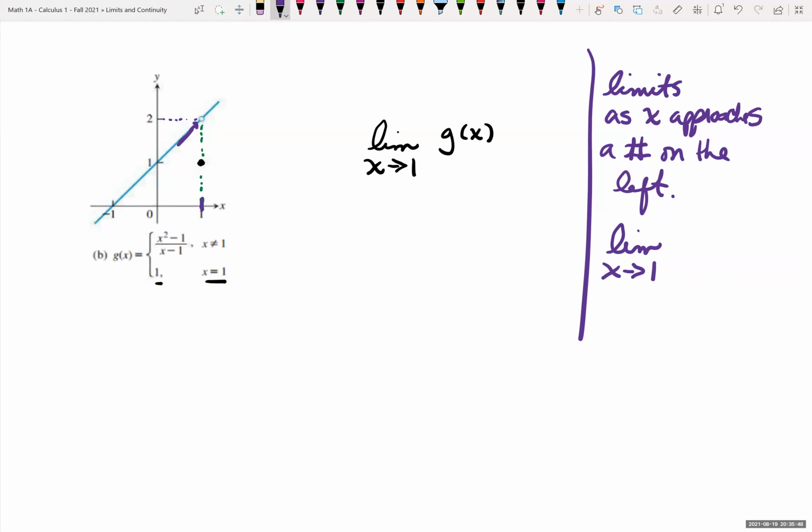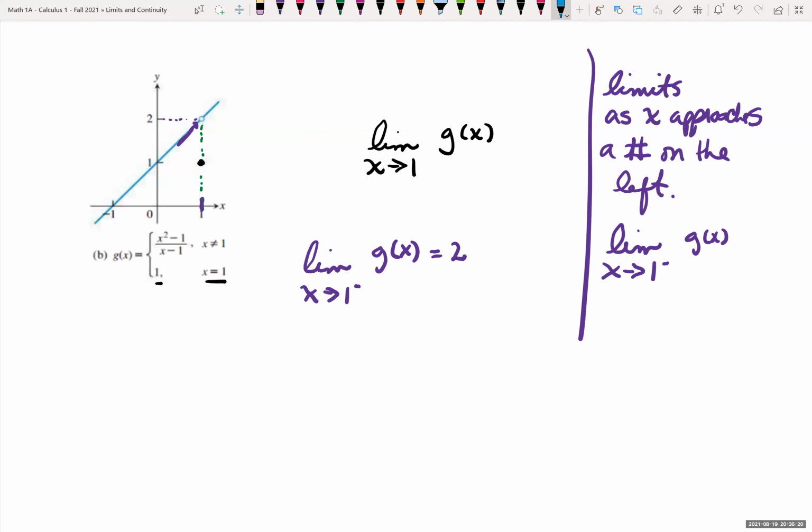On the left, we're going to put what looks like an exponent of a negative number. And so that's how we're going to write that in this case of g of x. And so I can see here that the limit as x is approaching 1 on the left, the y value that I'm getting closer and closer to, but not equal to, is equal to 2.